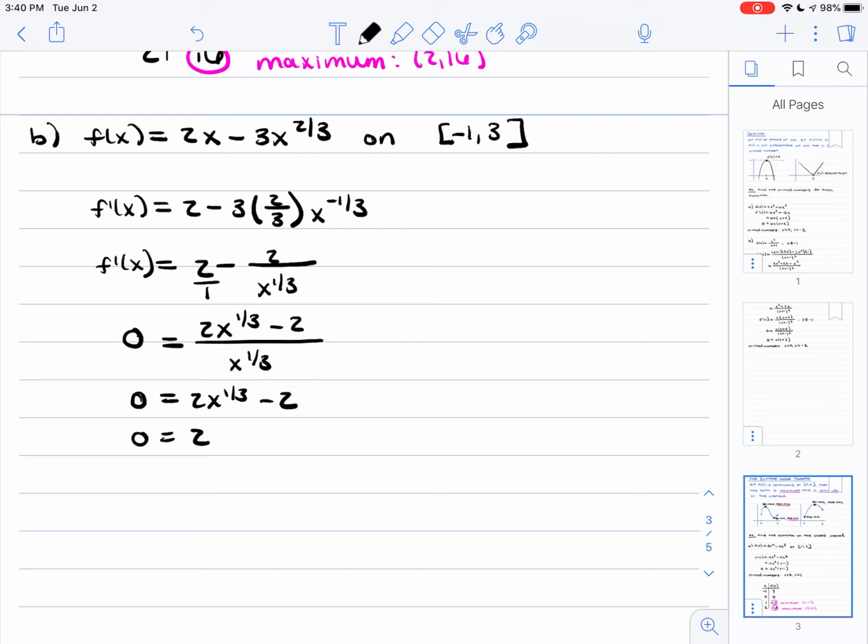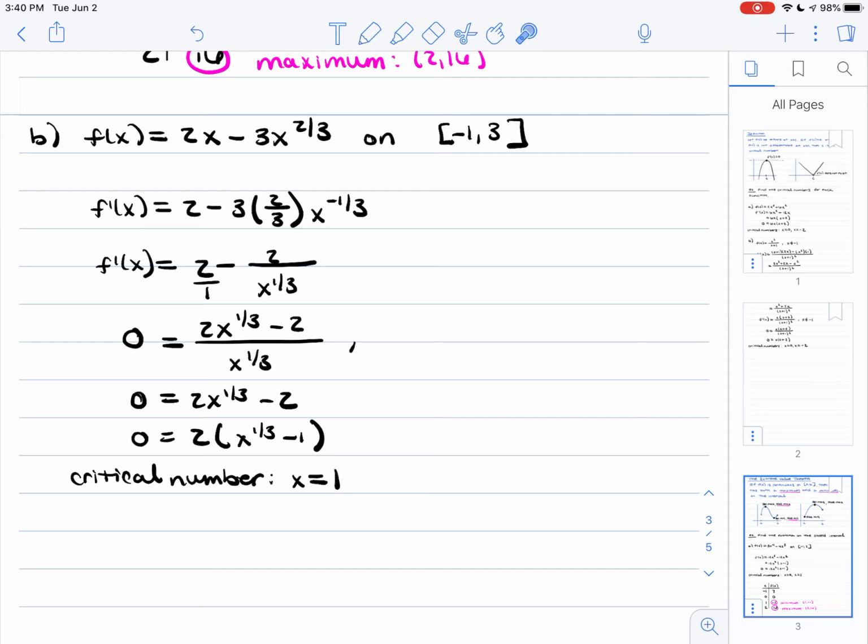So I'm going to go ahead and pull out a 2 from this. All right, so that would be a critical number then at x equals 1.